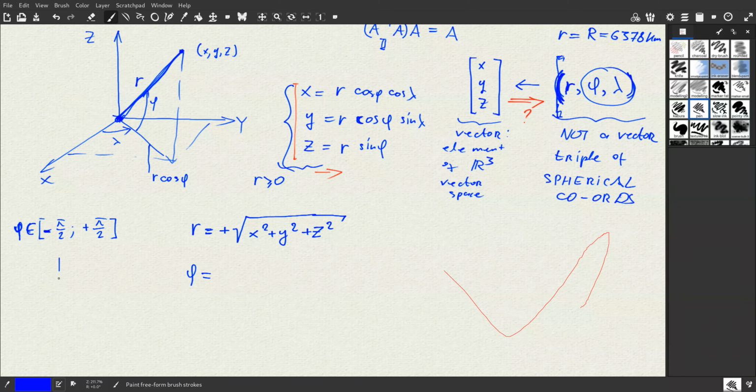Which means that, where do we get phi from in that case? From the third equation. The third equation says that sine phi equals to z divided by r.